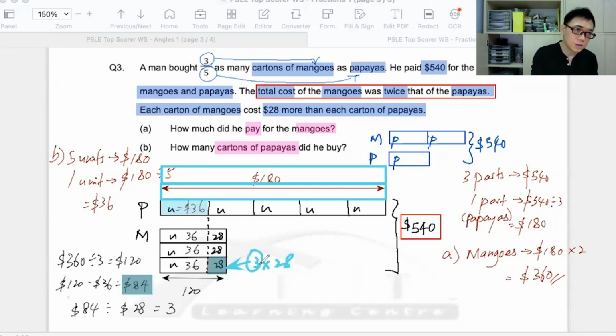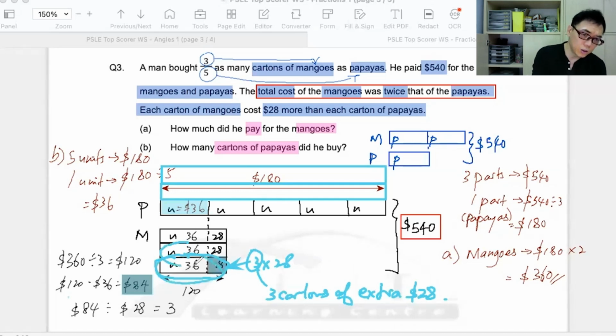So what is this 3? It represents 3 cartons of the extra 28, which means that this model is not 1 carton. This model is now 3 cartons. Otherwise, 28 cannot become 84. So if this is 3 cartons, then so is this, so is this. And that means I actually have 9 cartons of mangoes.